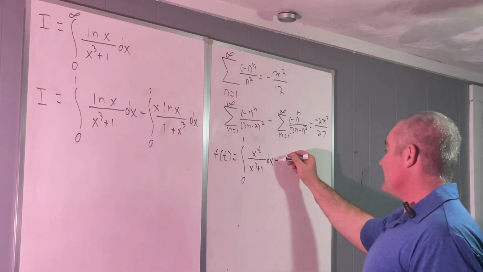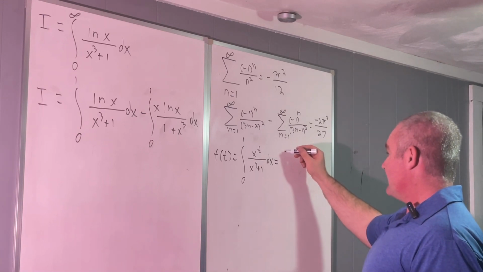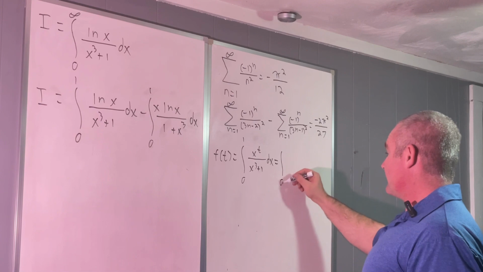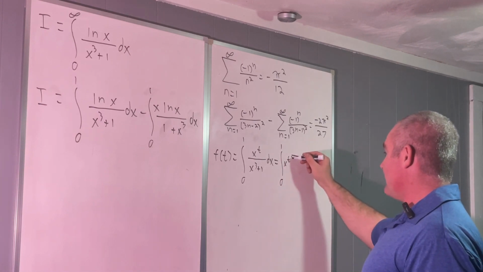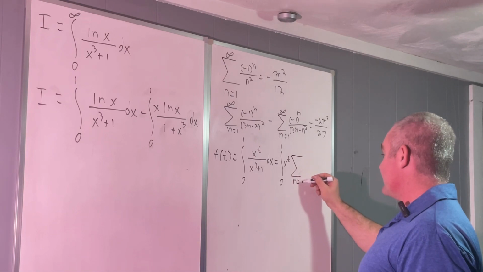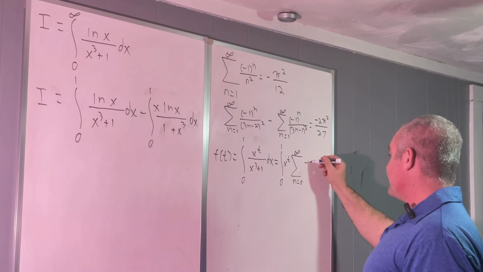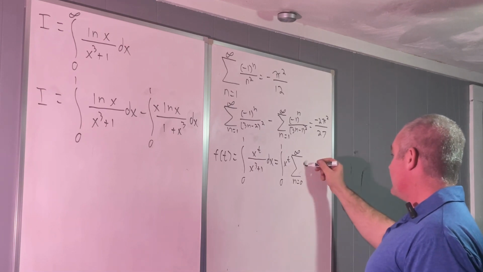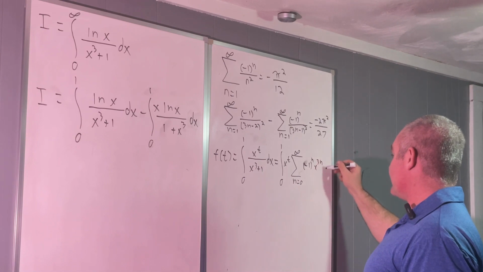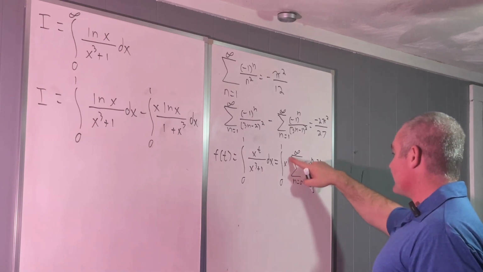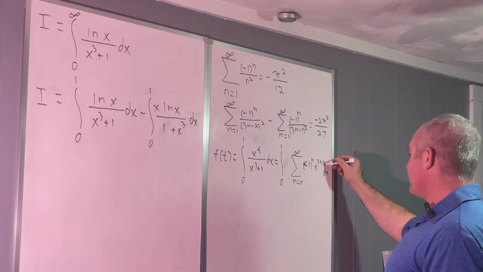And that's going to be equal to the integral from 0 to 1 of x to the t times the sum as n goes from 0 to infinity of negative 1 to the n times x to the 3n dx. We can bring this x to the t inside as x to the 3n plus t.